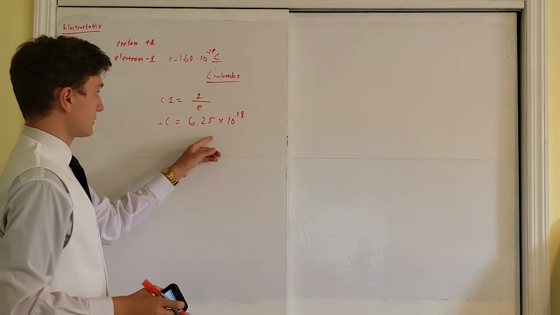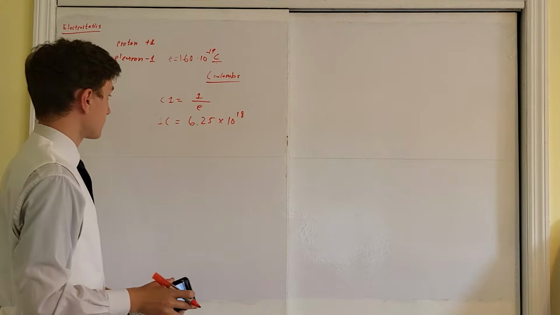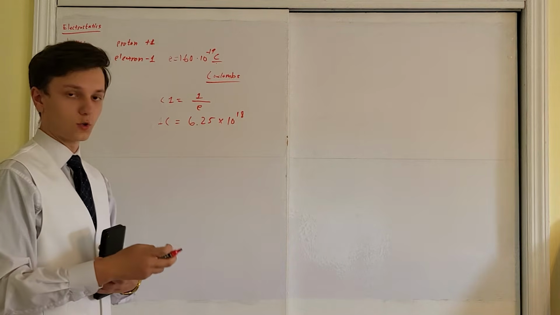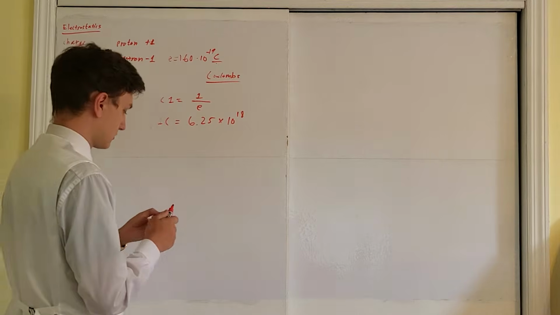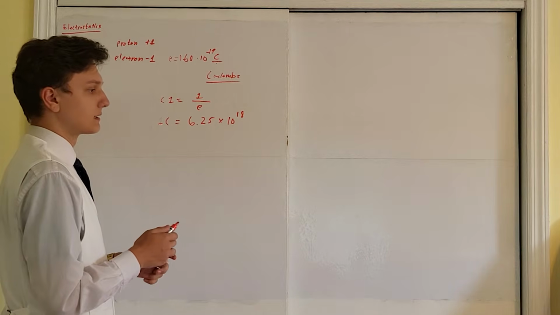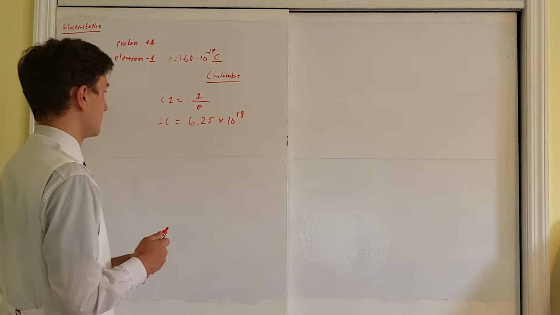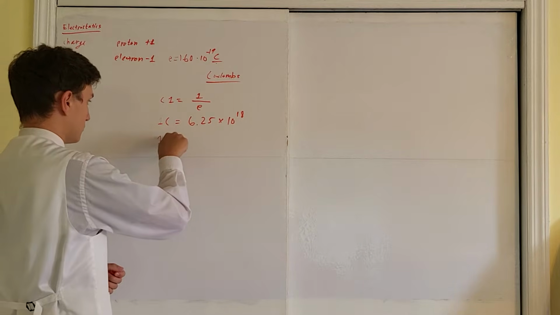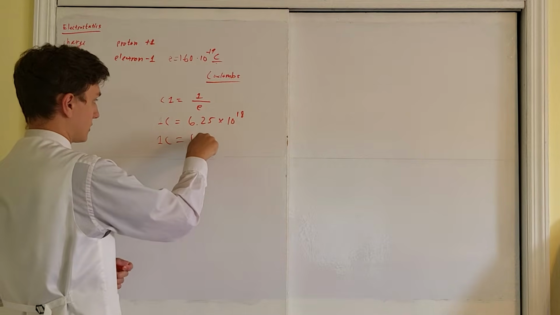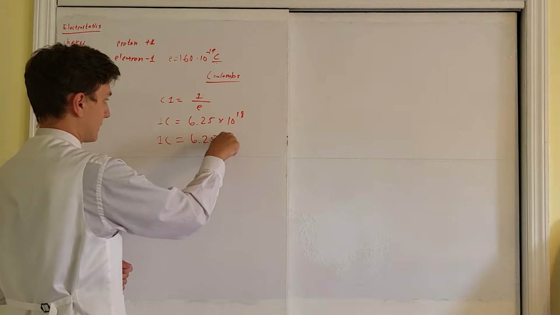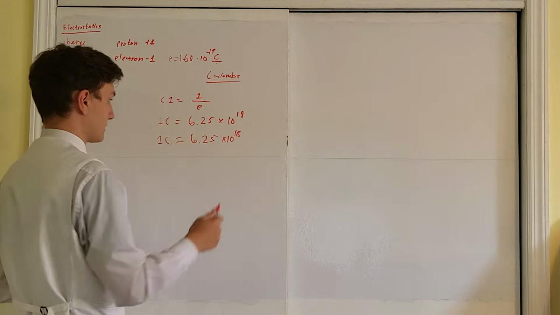Therefore, 6.25 times 10 to the 18 electrons gives you 1 coulomb of charge. Coulomb is a scalar quantity. You can also say that 1 coulomb is equal to the charge on 6.25 times 10 to the 18 protons.